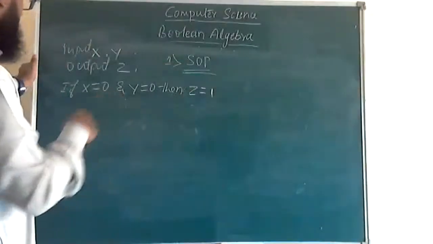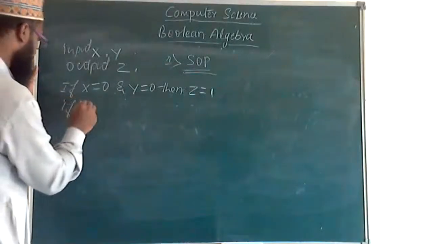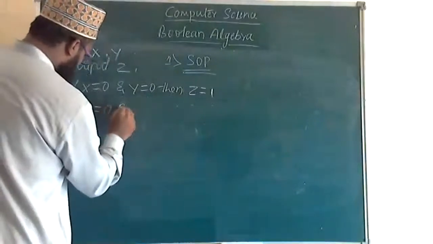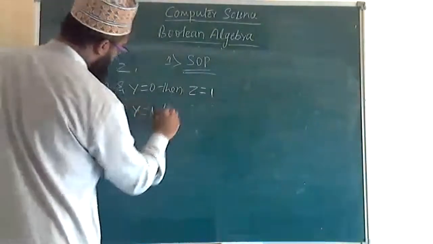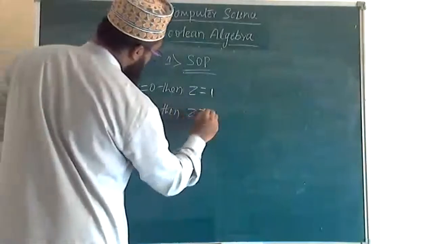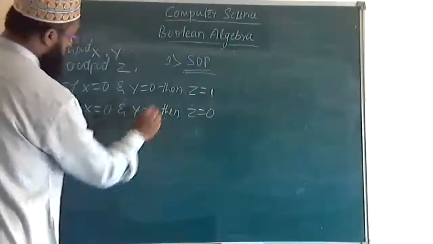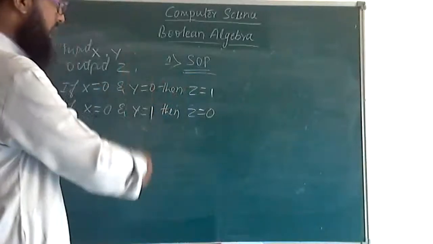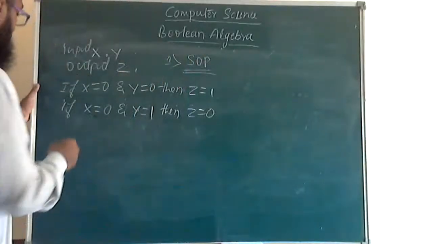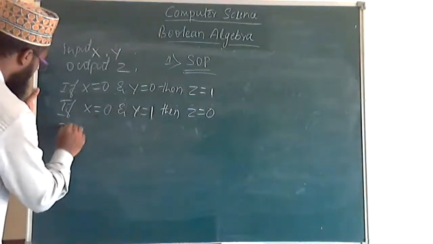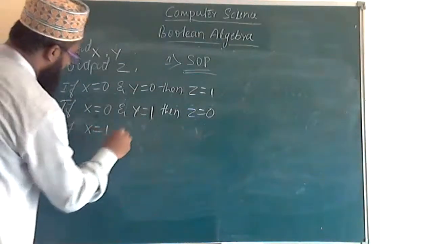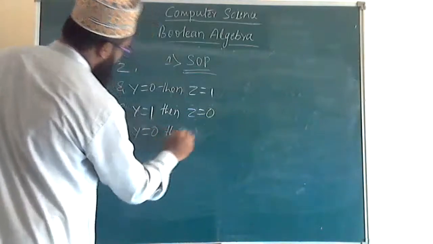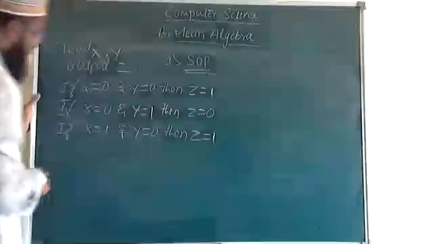If x is equal to 0 and y is equal to 1, then z is equal to 0. This is not like an AND or OR operator. This is entirely different because it is sum of product. Then if x is equal to 1 and y is equal to 0, then z is equal to 1.